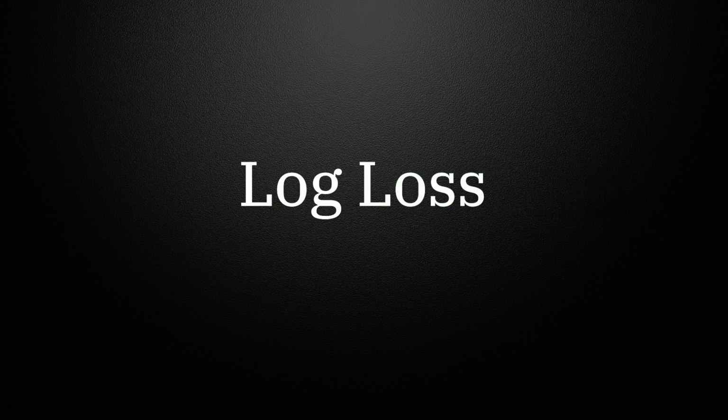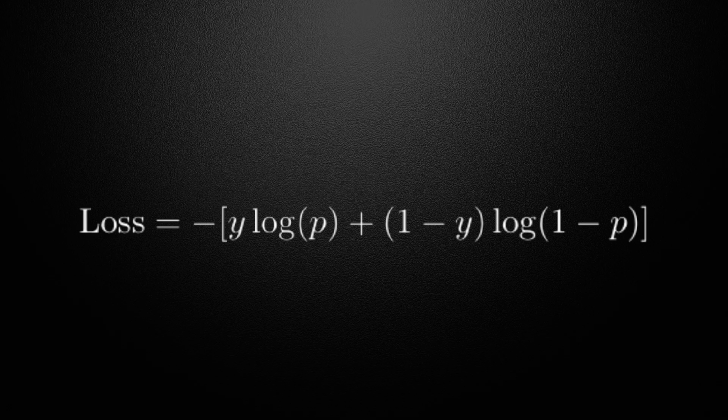But if you're predicting categories like a cat or a dog, then distance doesn't make sense, right? You can't say that your prediction is 5 meters away from a cat or something like that. Here we use log loss or cross entropy. This measures confidence.